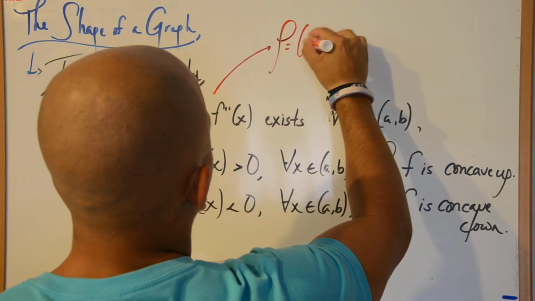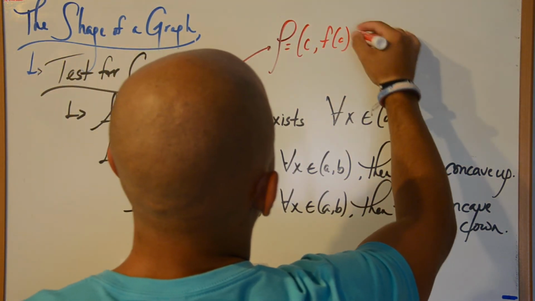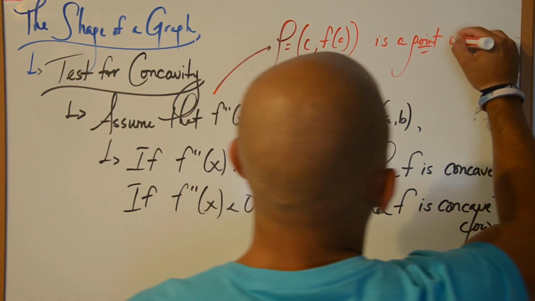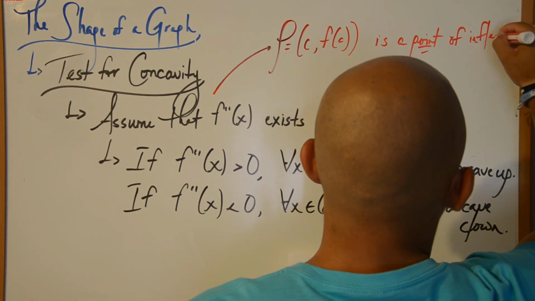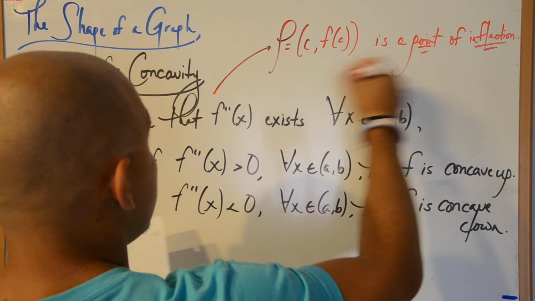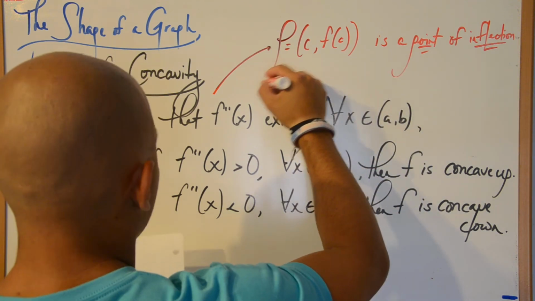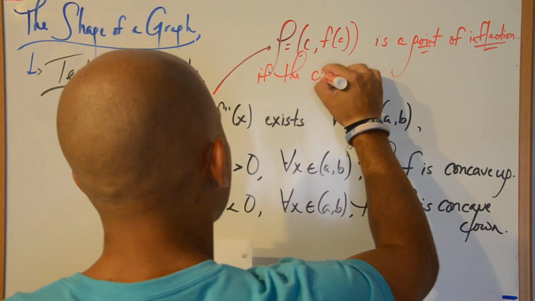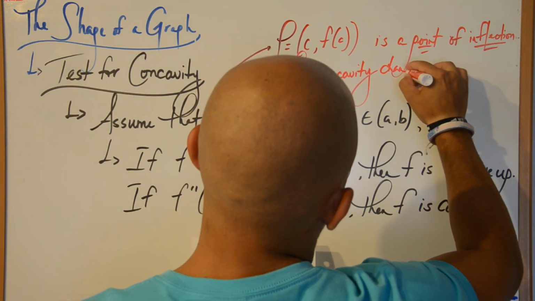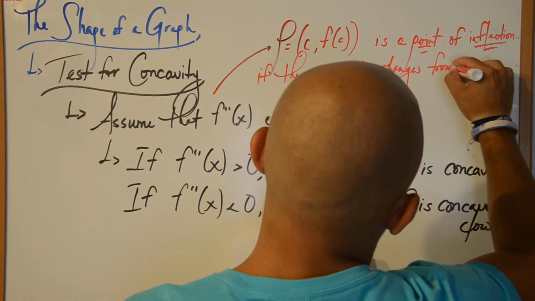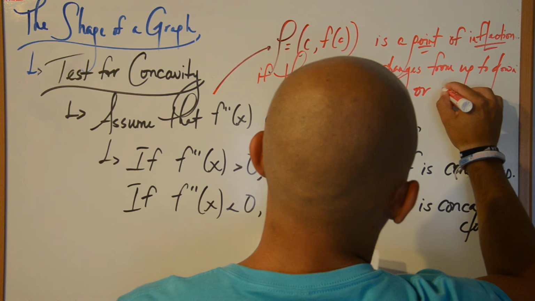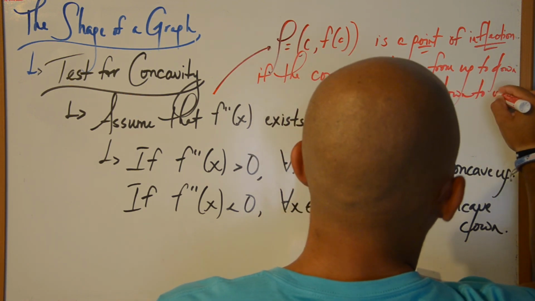So we define a point C, f of C is a point of inflection if the concavity changes from up to down or down to up.